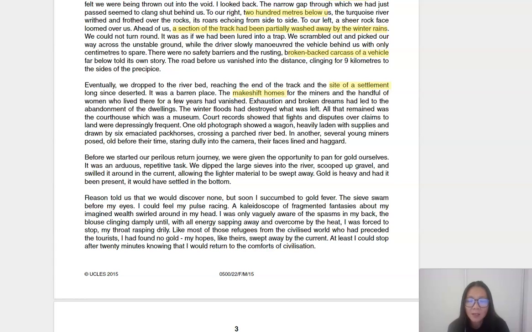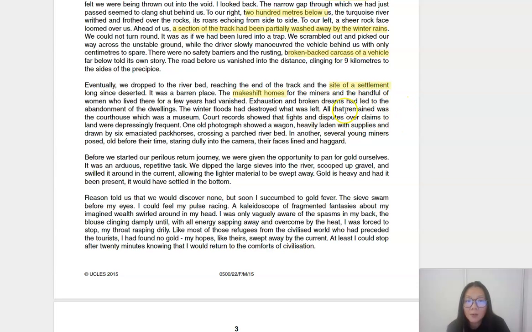Maybe you could tell your partner that living conditions are very simple. We make do with tents and whatnot, but don't worry, it's still fairly comfortable. I don't really spend that much time in my room anyway, because I am spending most of my time out panning for gold. So this is how you could use the information for living conditions.